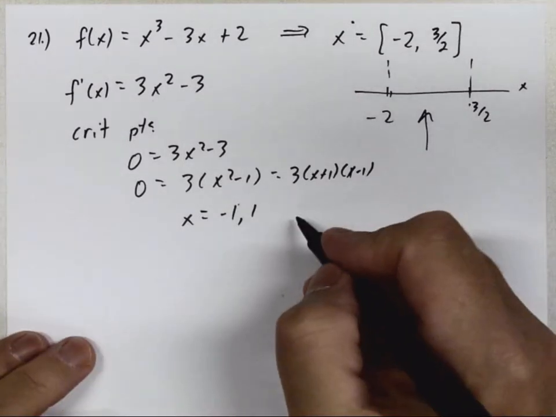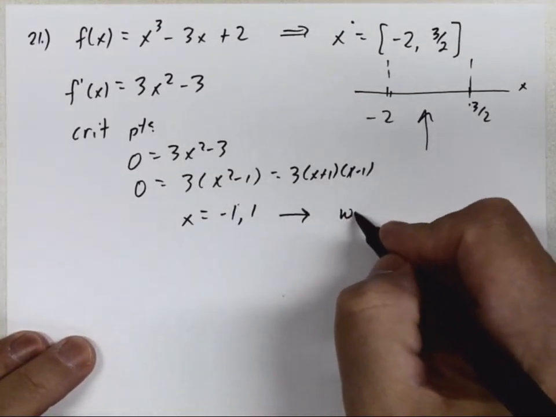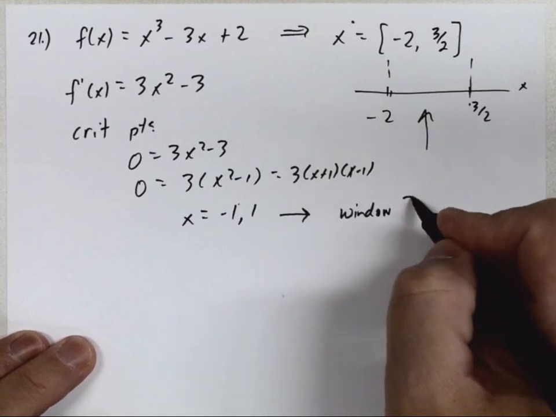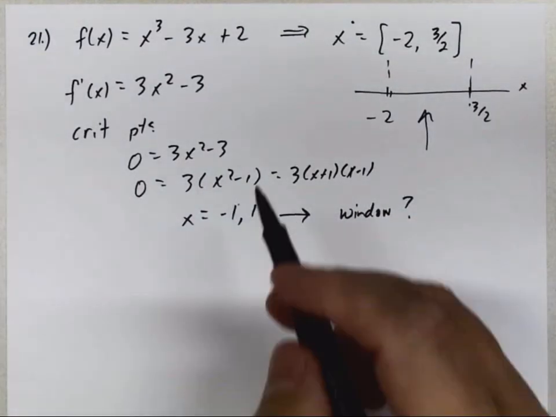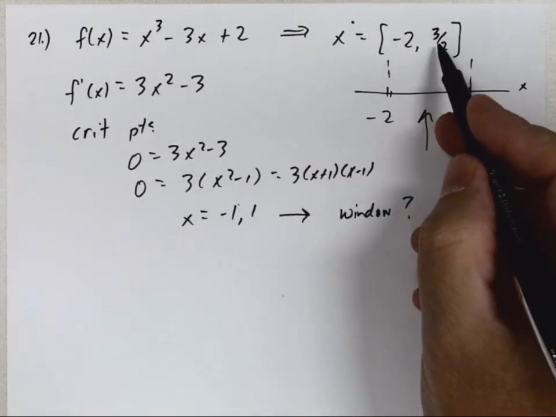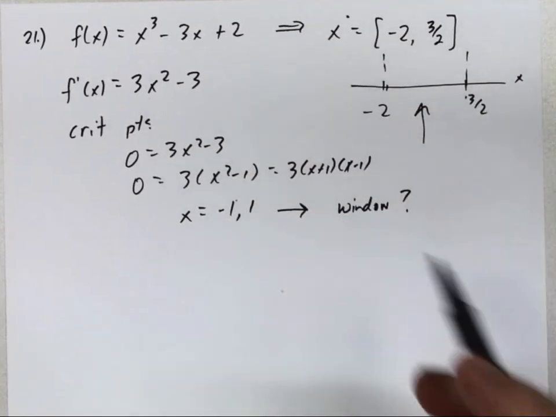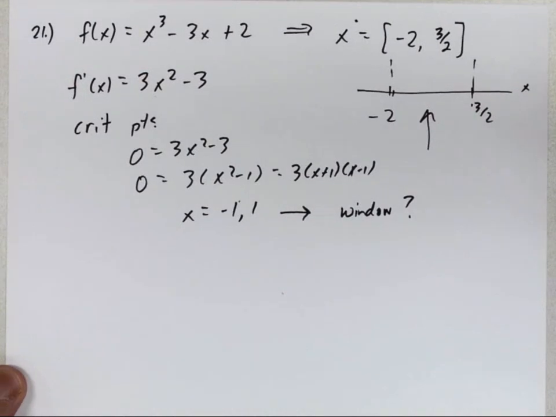Now the thing is, you have to ask, are these points in my window where I'm looking? Negative 1, yes it is. 1 also is. So they both are. Now here's what you do.